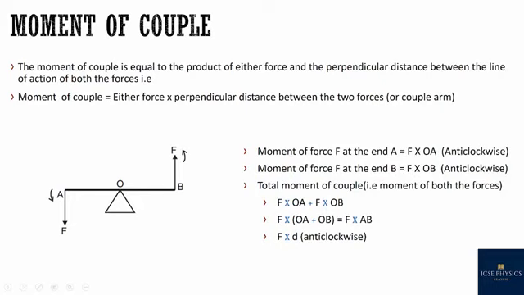So the total moment of force of the couple is F into OA plus F into OB. That becomes F into AB, that is F into D, anti-clockwise. So when we have to take the turning effect or torque of a couple, remember, just one force, either one force, into the distance between the two forces. That is the moment of a couple.